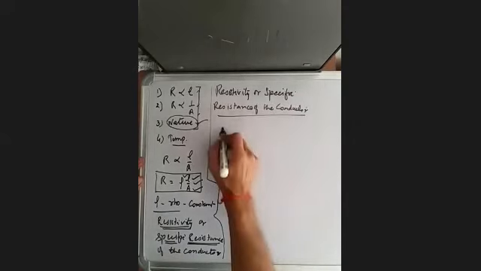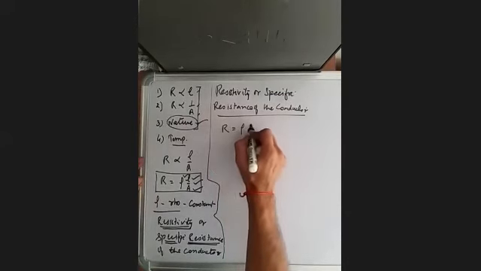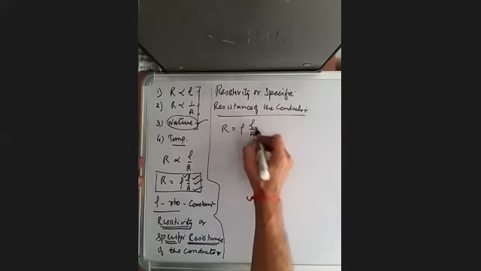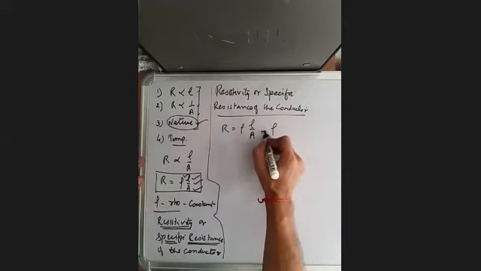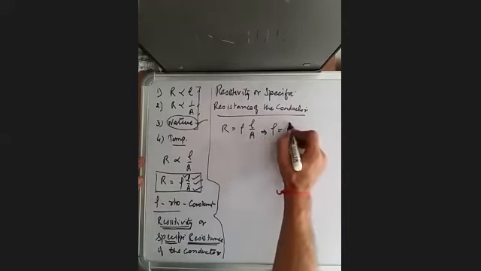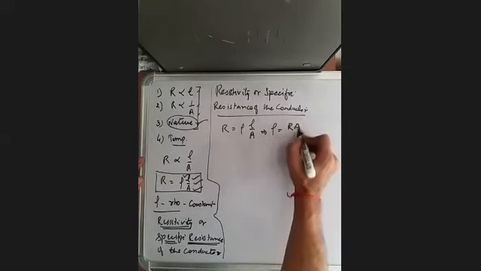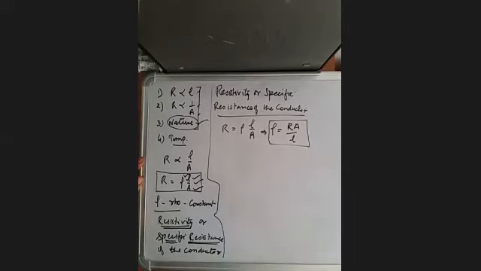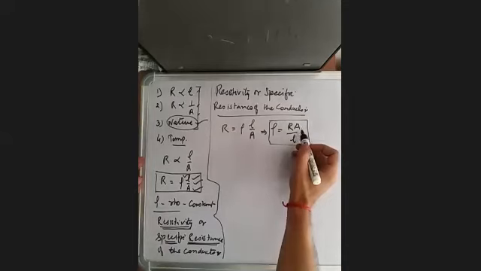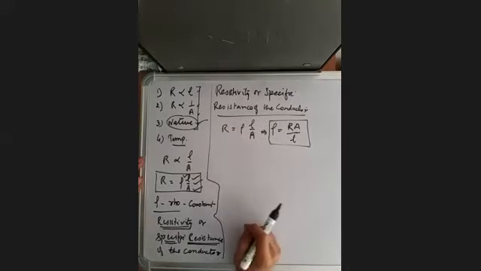So from this expression, R is equal to rho L upon A, we can write down resistivity rho. This implies resistivity rho is equal to R A upon L. So resistivity is equal to resistance multiplied by its area of cross section divided by its length.